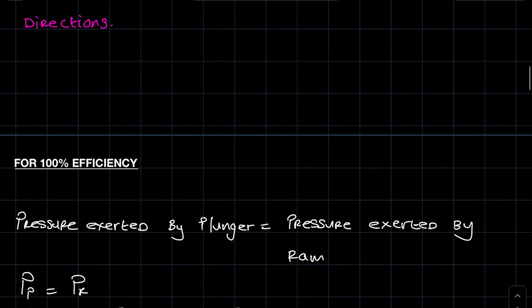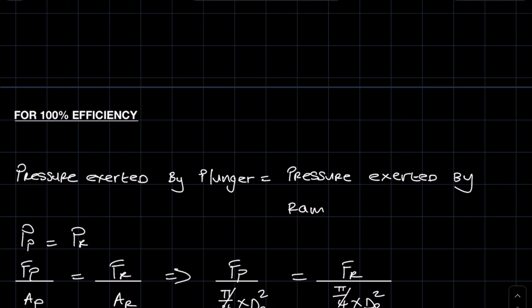Mathematically, that means that the pressure exerted by the ram is equal to the pressure exerted by the plunger piston, or vice versa. So the pressure being exerted by the plunger is equal to the pressure being exerted by the ram.